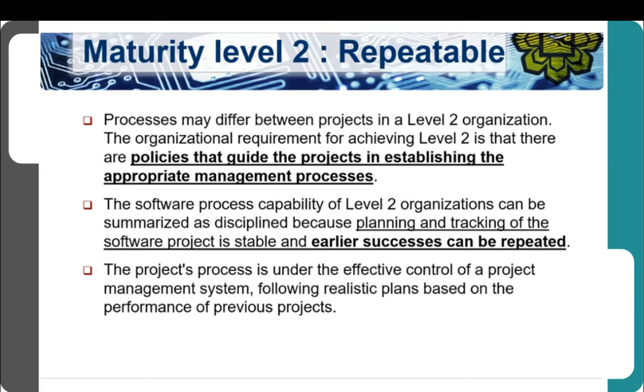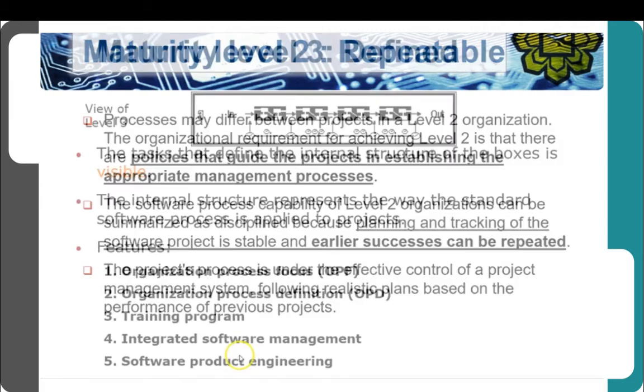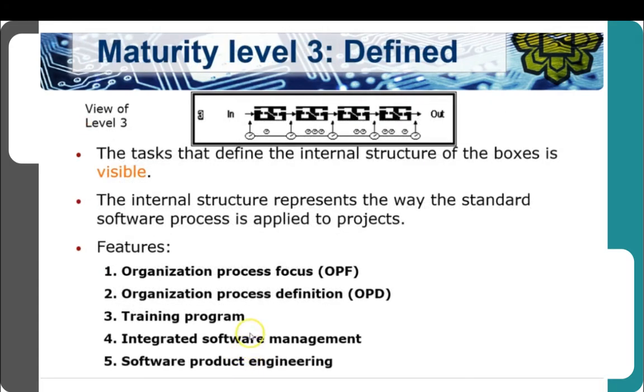Okay, and the software process capability of level 2 organizations can be summarized as disciplined because planning and tracking of the software project is stable and earlier successes can be repeated. So the next level 3, now you can see that the representation of the software processes is much better, in the sense that we can see the internal structure of the boxes.